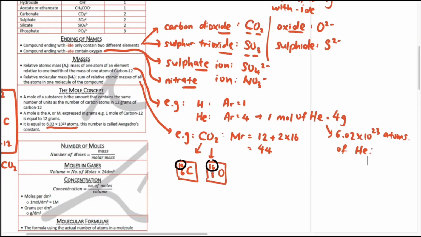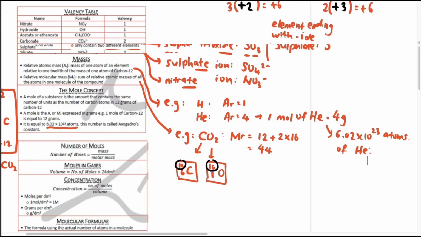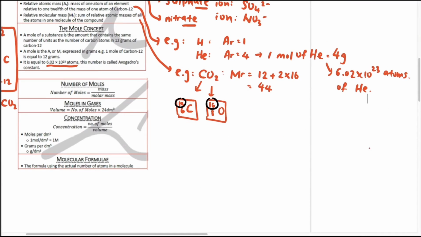Okay, so let's say another example. Let's say I use carbon dioxide again. If I have 1 mole of carbon dioxide, I know that this is equal to 44 gram of carbon dioxide.